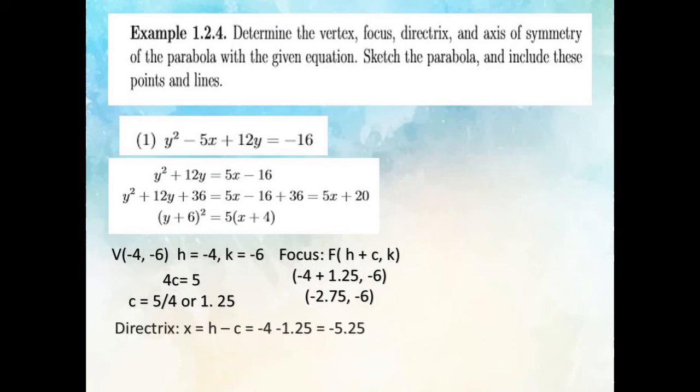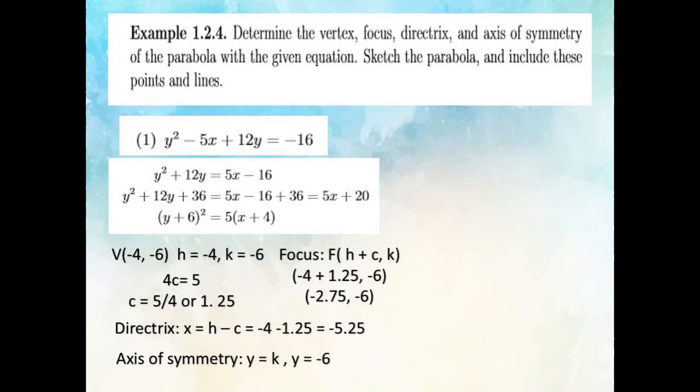The directrix is x is equal to h minus c, which is equal to negative 4 minus 1.25, which is equal to negative 5.25. The axis of symmetry is y is equal to k, or y is equal to negative 6.